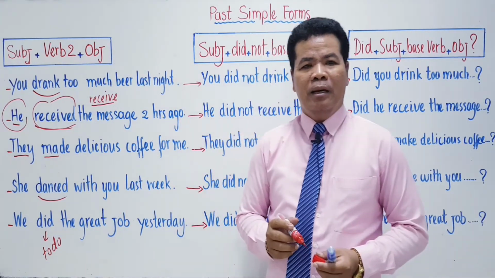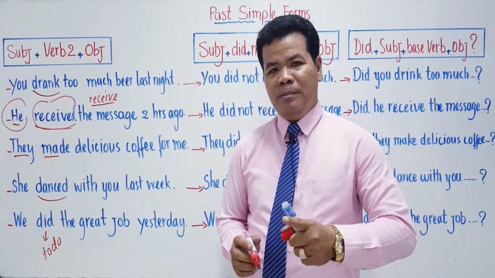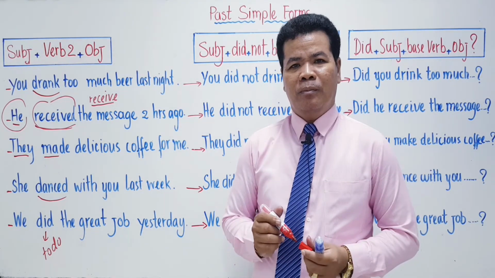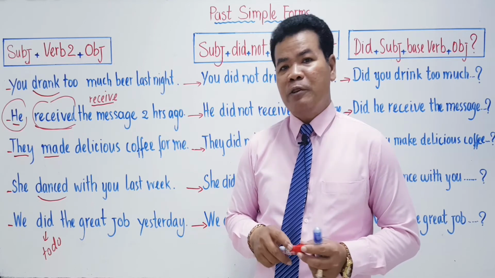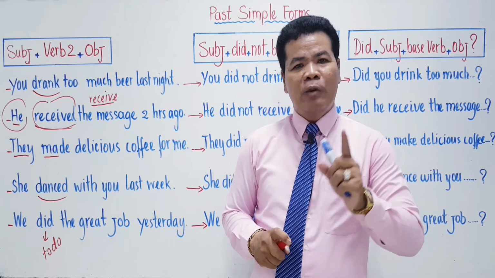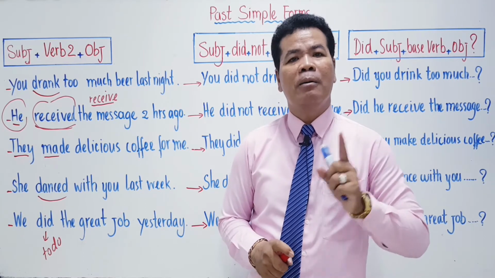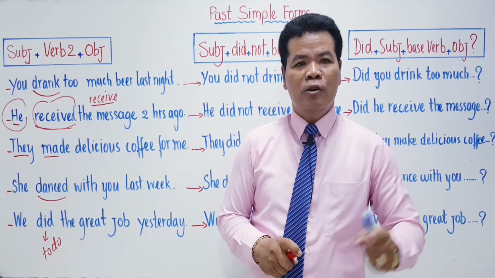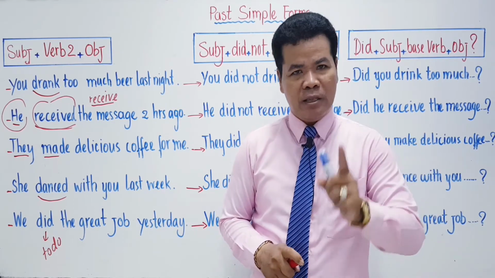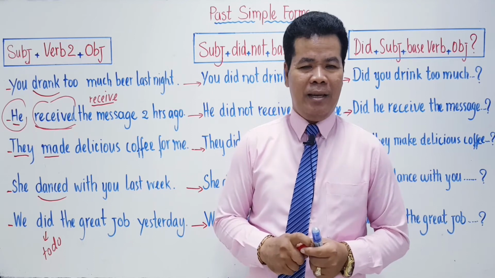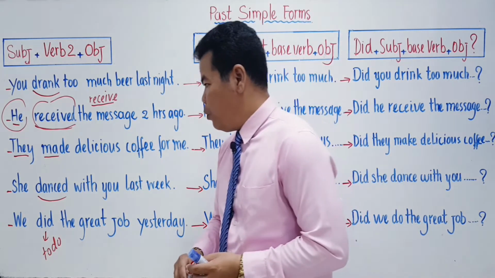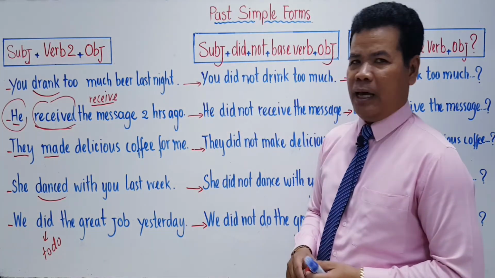To do is the base form of the verb or infinitive. And then verb 2 is called the past simple verb. So to do and then go to the past simple, did. So we say we did a great job yesterday.